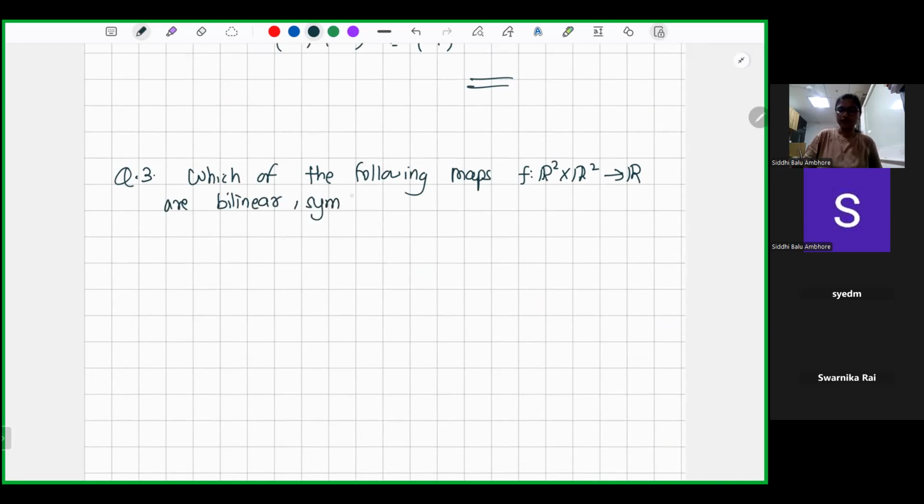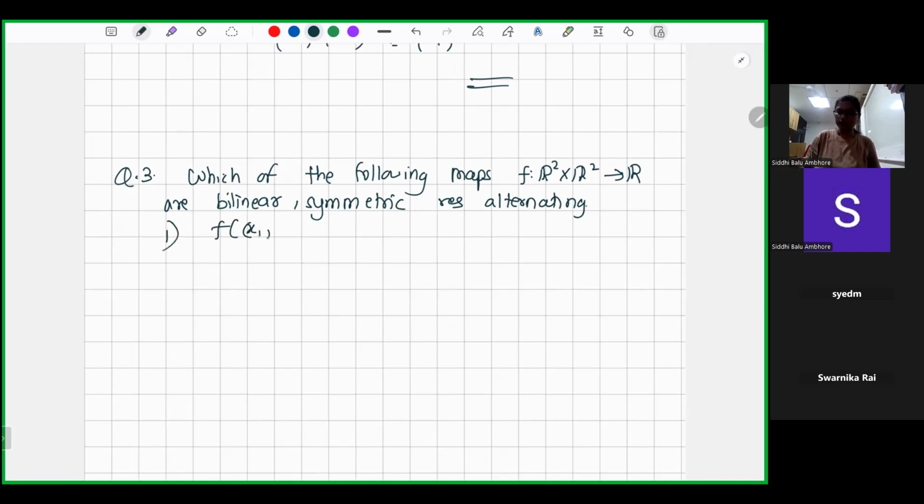We have to check whether they are bilinear, symmetric, or alternating, respectively. So I'll recall the definition of all three. First, let me write the question.